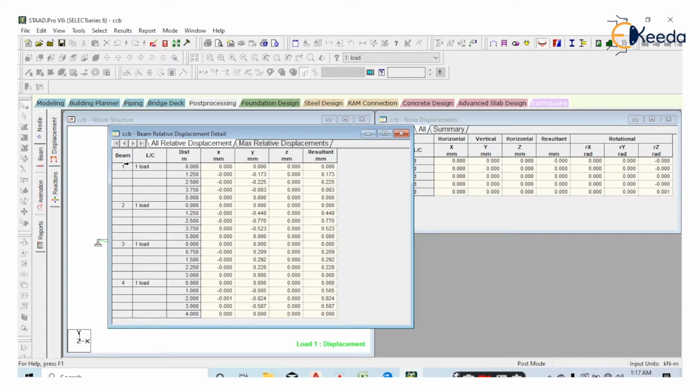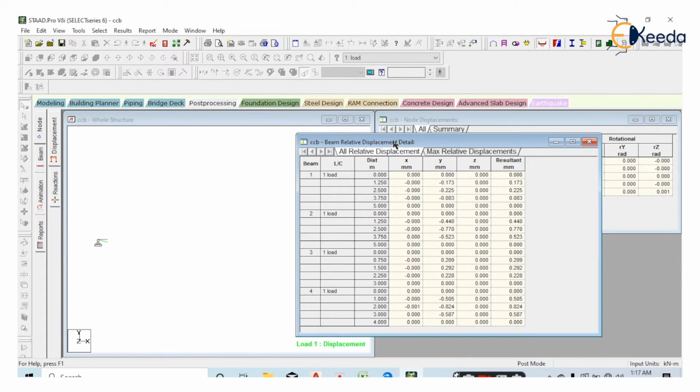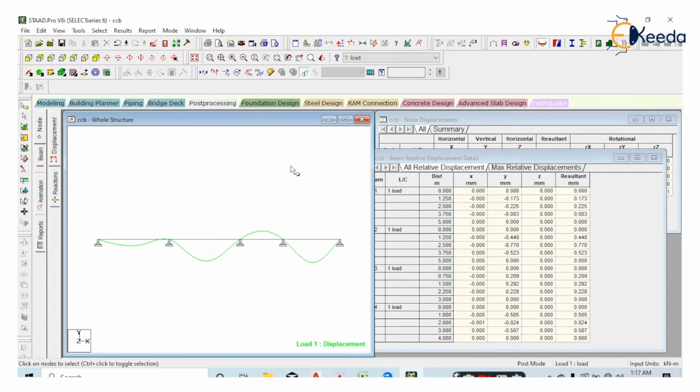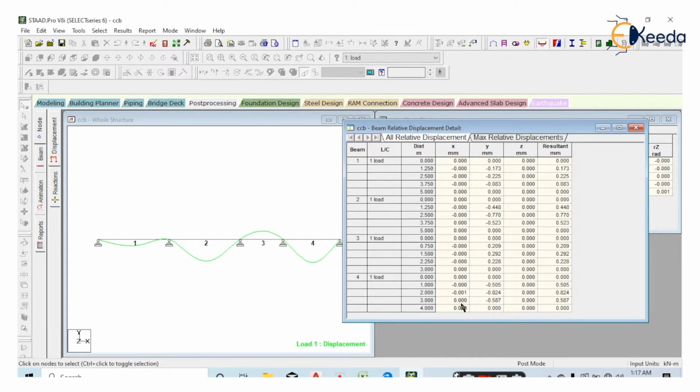The first column is for beam number. In this beam, just press Shift plus B to show beam number. This is your first beam, beam number 1, beam number 2, beam number 3 and beam number 4. Okay, this is very important, guys.